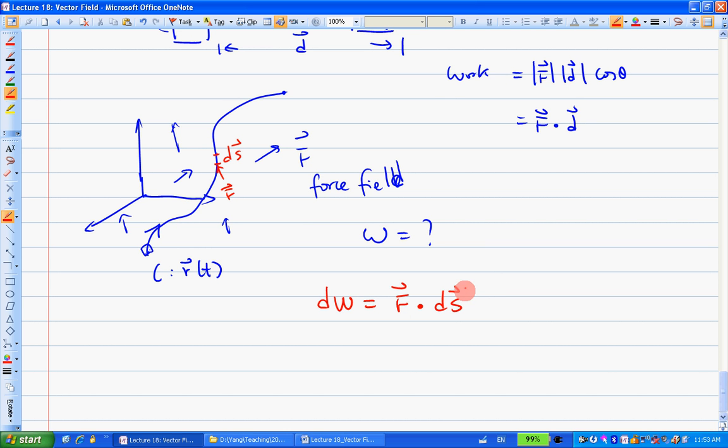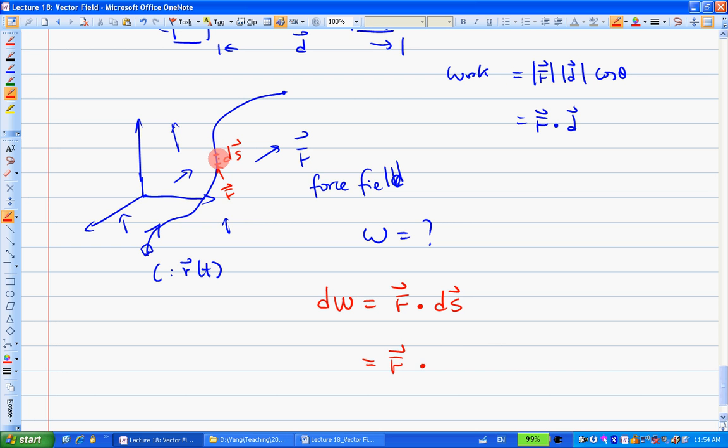So the question here is, how do we deal with this ds here? Well, ds is a segment of a line here with a certain direction, a displacement. The distance is okay, that's basically where it is. So how do I describe the direction of the ds? What should I use to describe the direction of ds?